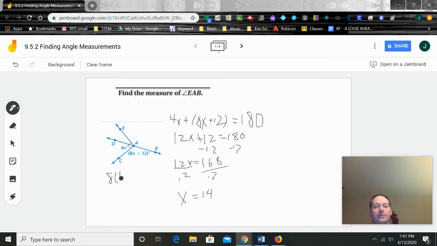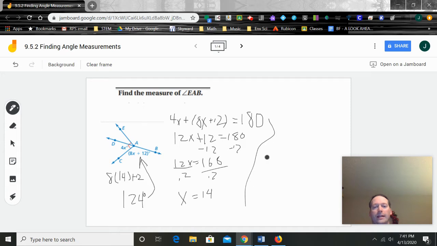We know x is 14. So 8x is 8 times 14, plus 12. 8 times 14 is 112. 112 plus 12 is 124. So that angle right there is 124 degrees.